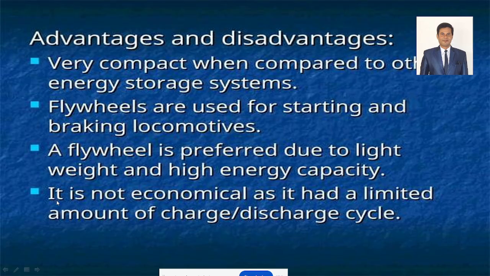It is not economical, as it has a limited number of charge and discharge cycles. That is what we are talking about: how much it will charge and discharge, which is called the life cycle of that system.